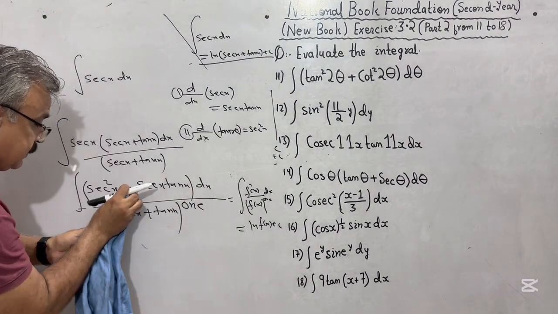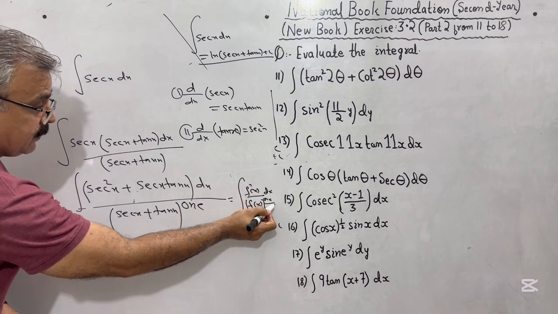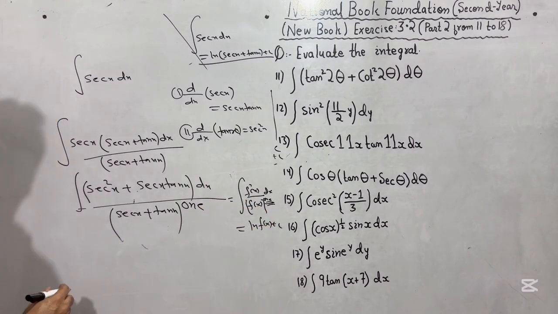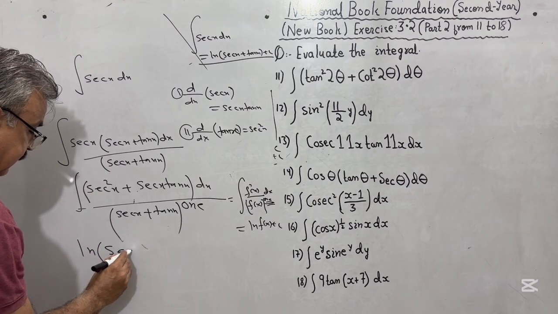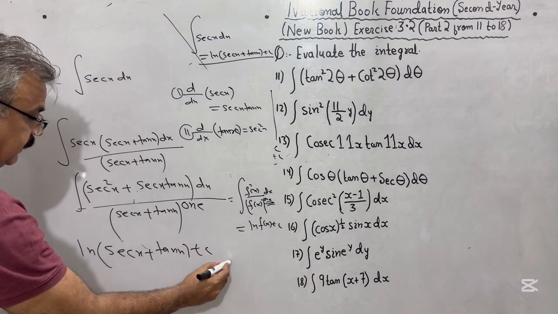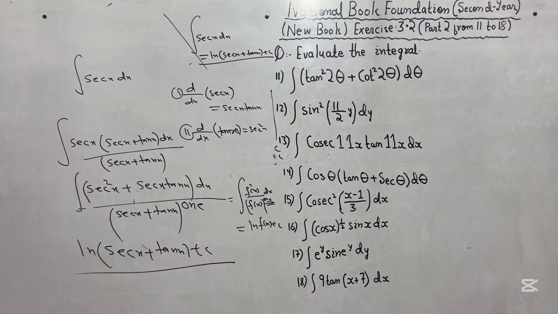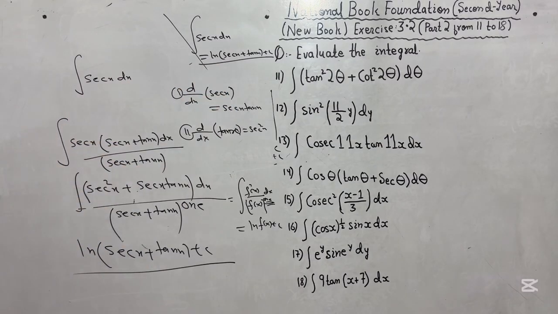It is the case of ln of the function in the denominator, that is ln sec x plus tan x plus c. That's the answer to a curious mind: from where comes the integration of sec as ln sec plus tan.